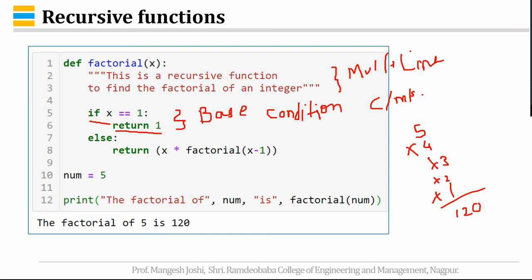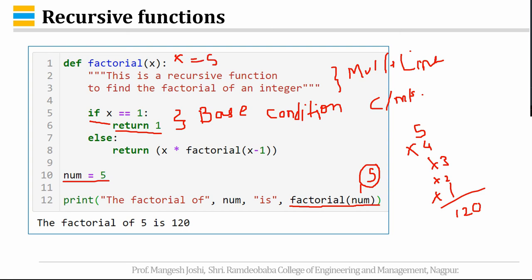How does this program basically work? In the print function, we have taken num equal to 5, and the print says the factorial of 5 is. Here we have called the factorial function. So num, which is 5, is passed to x, meaning x will be equal to 5.